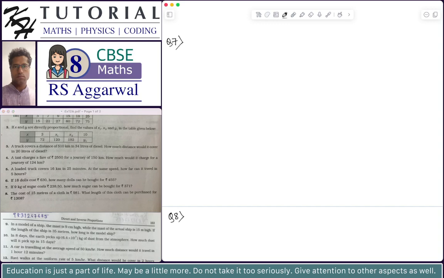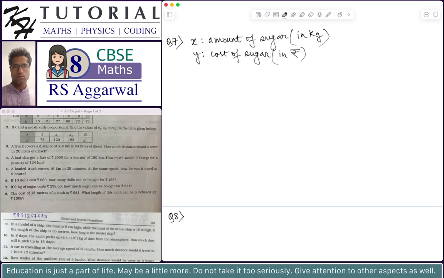So we can say x to be the amount of sugar in kilogram and y to be the cost of sugar, which is in rupees.